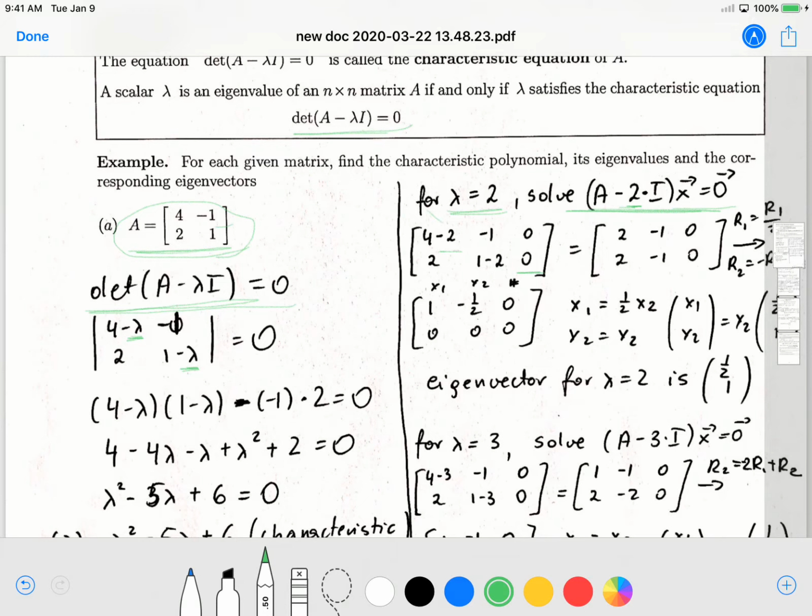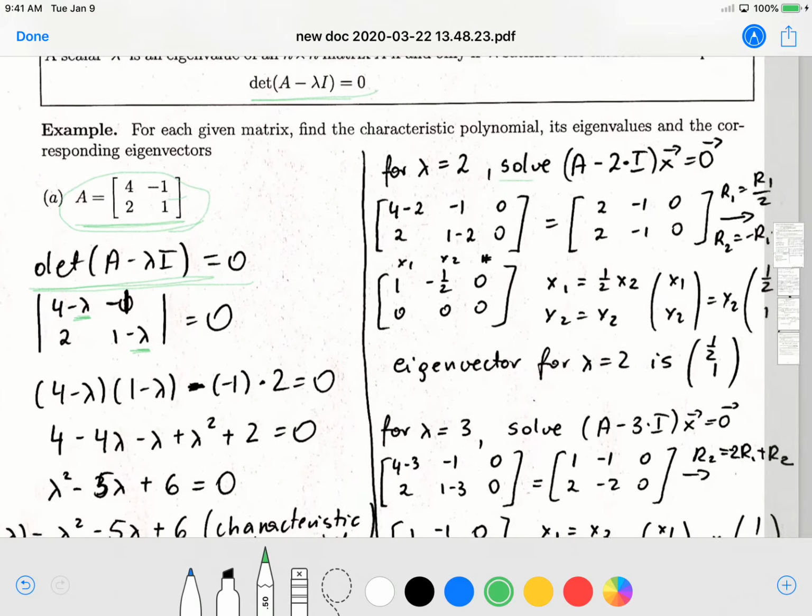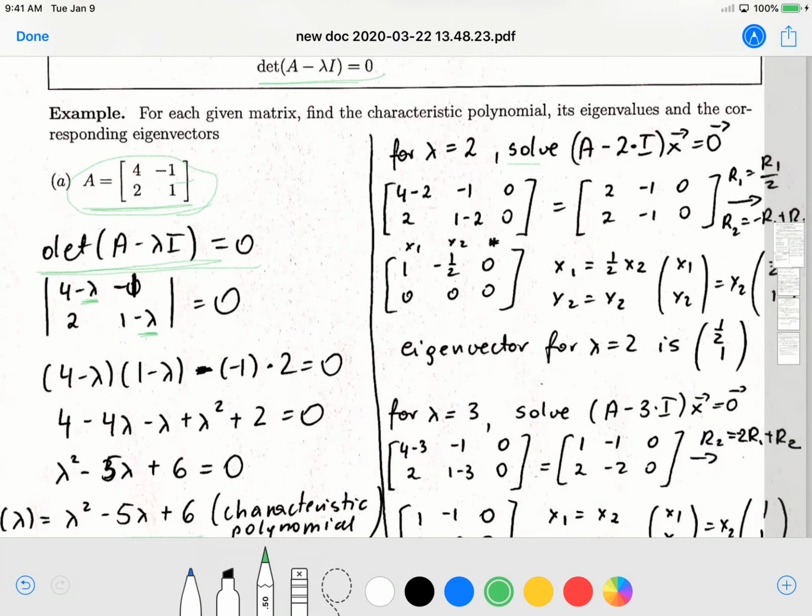Because this would be my x1, this would be my x2, and this would be my augmented column. Then we solve this equation. I would first simplify, then divide by 2 and add the rows together.